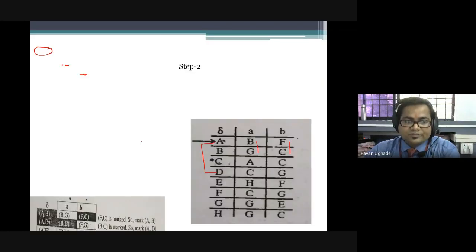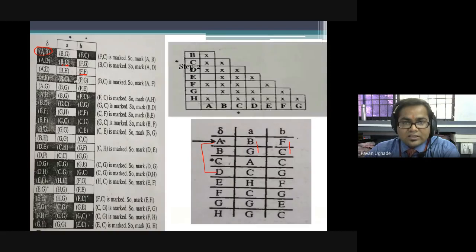Indistinguishable states. See guys, here BH I have kept blank. It means it is an indistinguishable state, and this is the answer to question 1 in the exams. In the exam they will be asking for 2 marks: give the distinguishable and indistinguishable states.